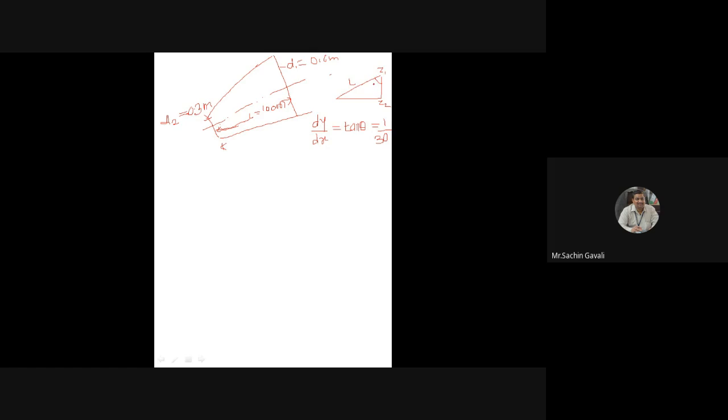So here we can calculate theta. Tan theta is equal to 1/30, so from this we have to calculate theta.